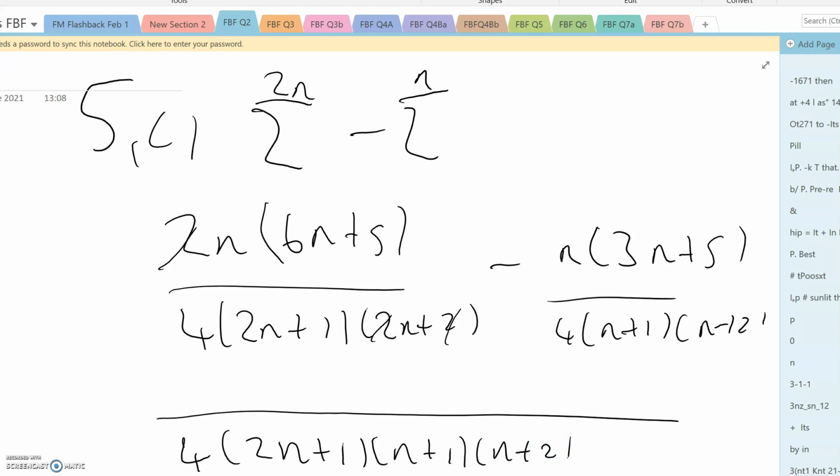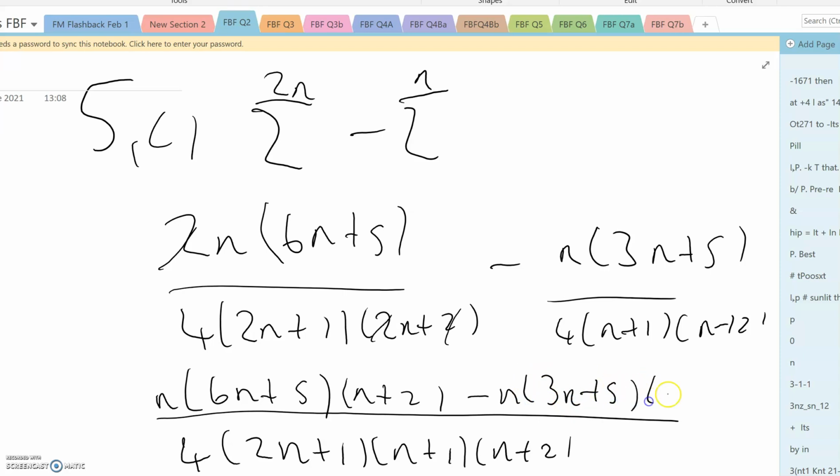And then we have a look at what we've got on top, and we've got n, 6n plus 5 multiplied by n plus 2. And then we have a look at what we have here, n times 3n plus 5 multiplied by 2n plus 1.